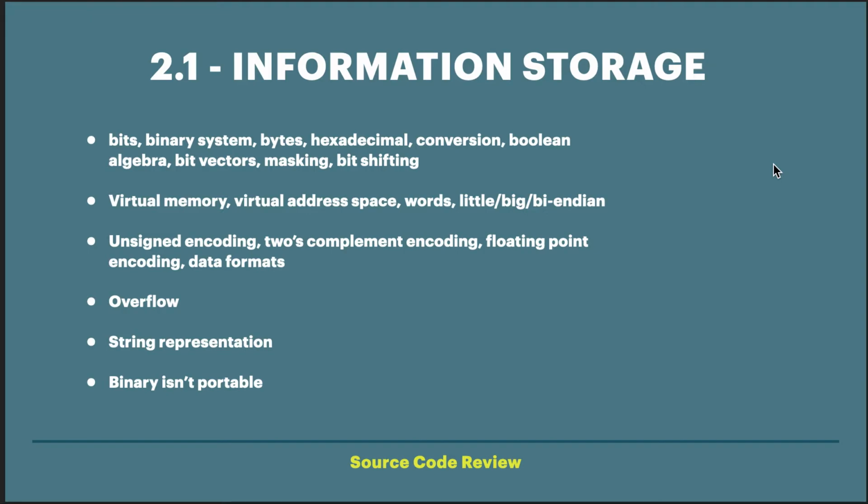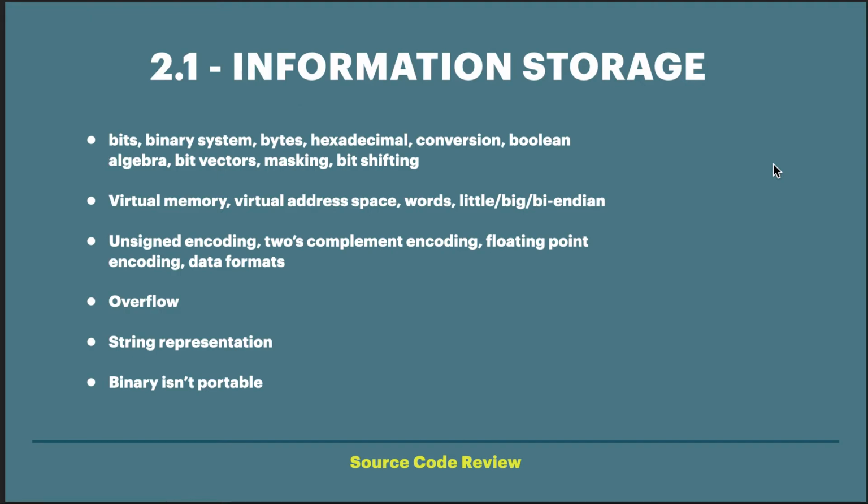And so if you're reading these out from memory in reverse order, you would essentially get the bit vector in reverse order. And then big endian is when you put the most significant byte first in memory. And bi-endian is when the hardware gives you the choice to do either, and essentially the operating system will choose for you.